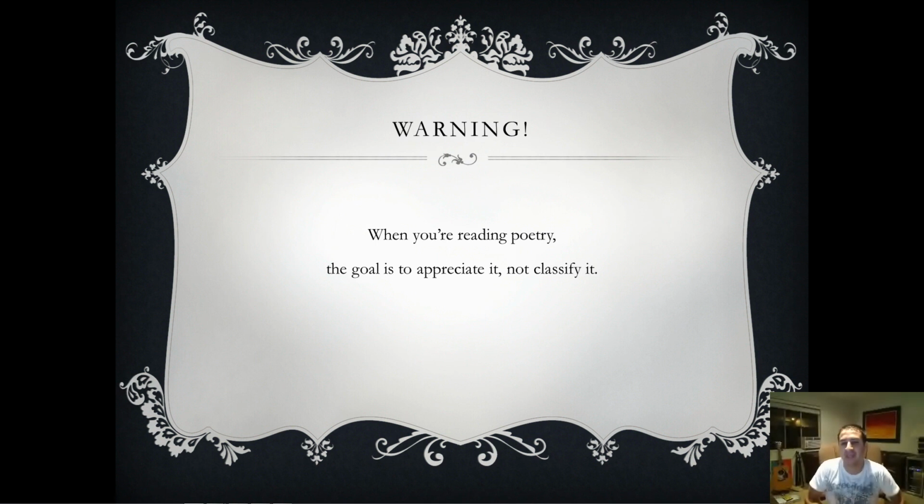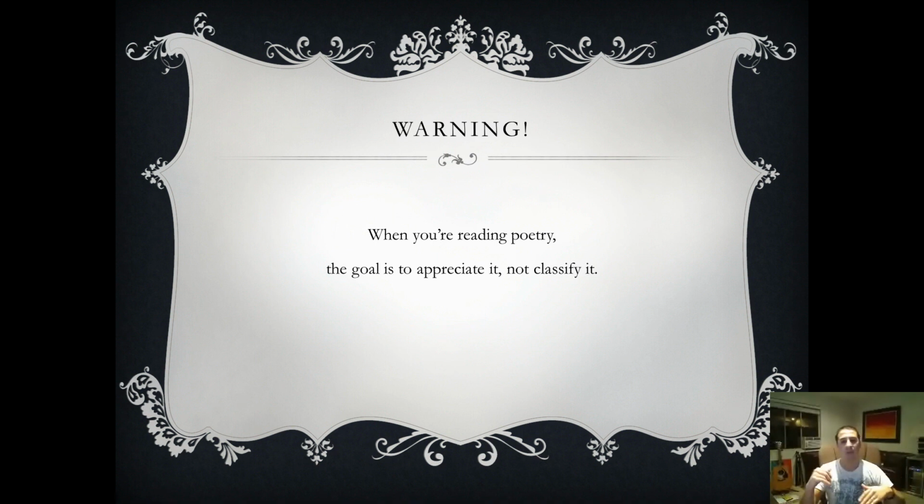Instead, notice how the author uses language and retain that aspect. Learn how the author is communicating, and then just learn to pick up how the author communicates in Psalms. So when you're reading, try and identify how the author's doing it. You don't necessarily have to classify it. That's just a little beginning warning.